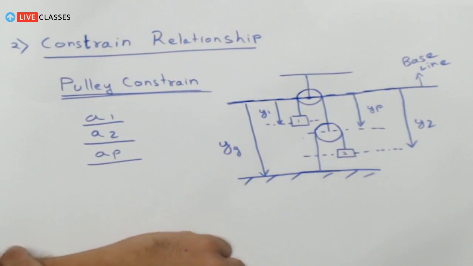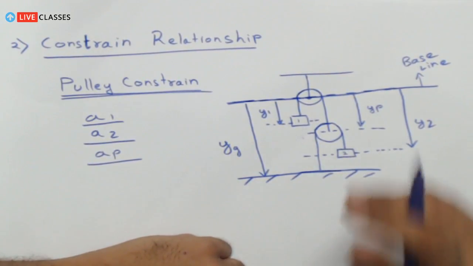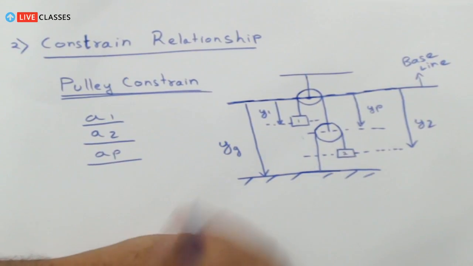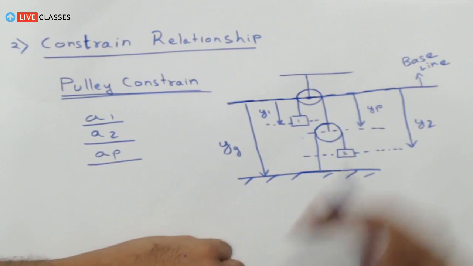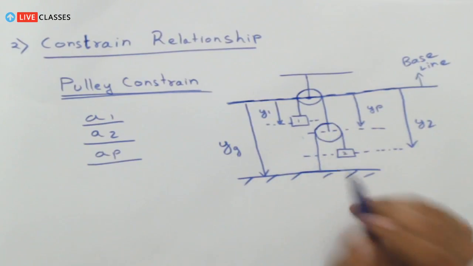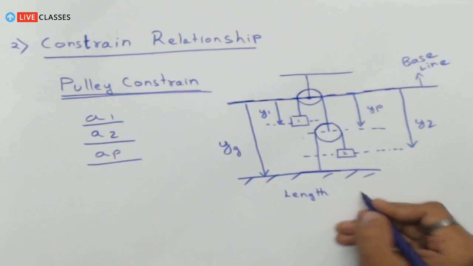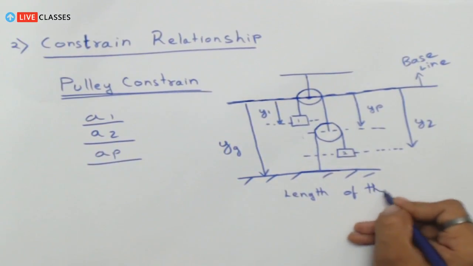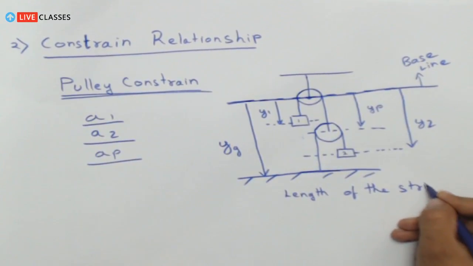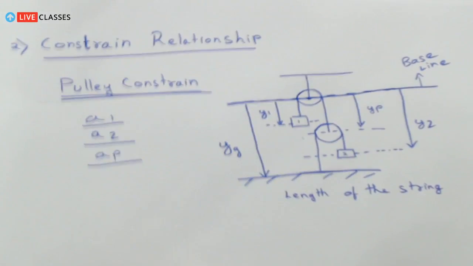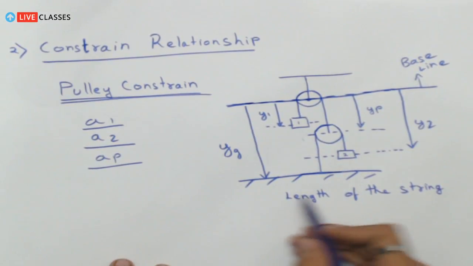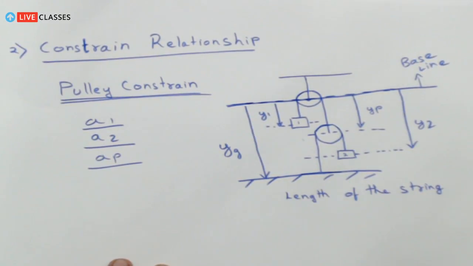What I have drawn here is the height from the baseline, so that I can write the length of the string. Can I then write the complete length of the string?